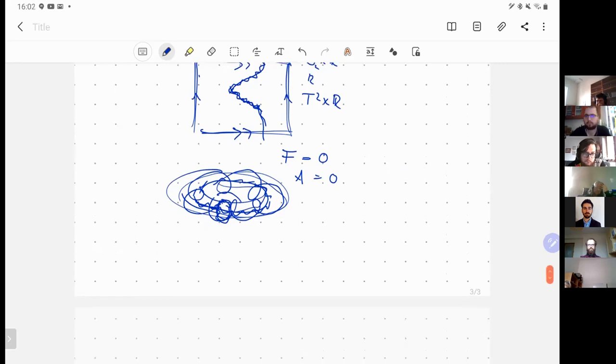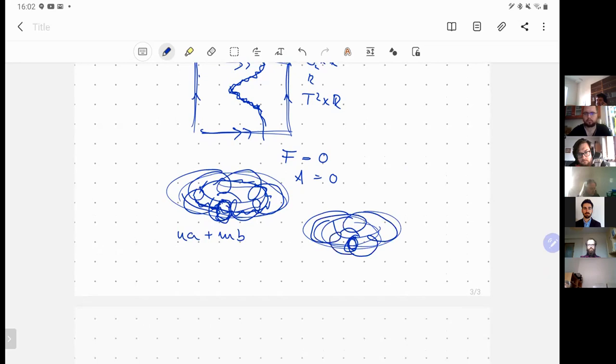It ends up being classified by how many times I wind around the A cycle and how many times I wind around the B cycle. By A cycle and B cycle, I mean this cycle and this cycle. So it's enough to tell you that I wind around this cycle 3 times and 4 times around this one. I can represent it by some toric knot like this, but it ends up being the same as if I put 3 of them here and 2 of them like that.